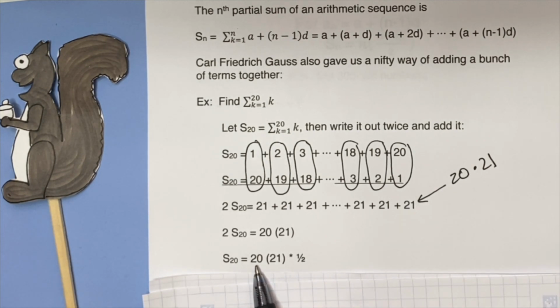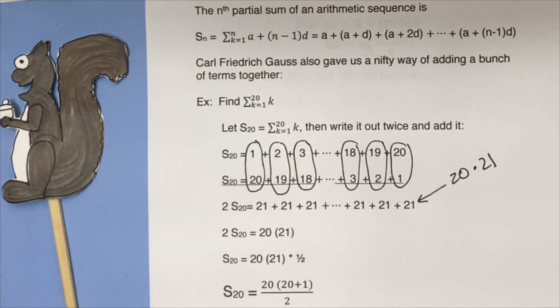Either 20 is even, and then you can divide by 2 and not get a fraction. Or if we'd started with an odd number, the next number, so if this had been 21, this would be 22, and that would be divisible by 2. So one of them is divisible by 2. Okay.